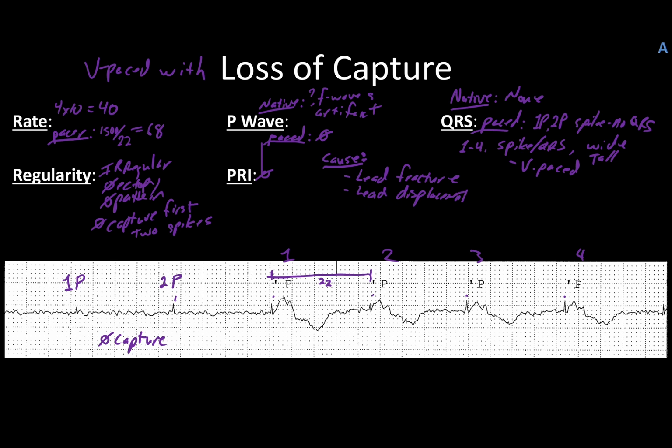And actually, in this case, that's exactly what happened. There was a temporary pacemaker in place. The wire and patient movement caused it to float away from the right ventricle and led to this occasional capture that was going on.